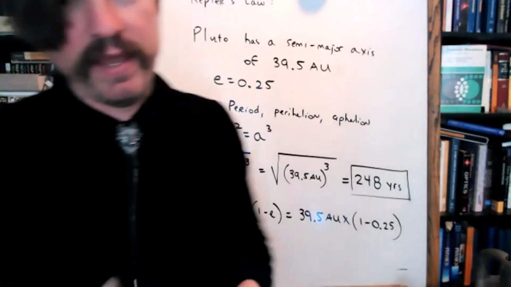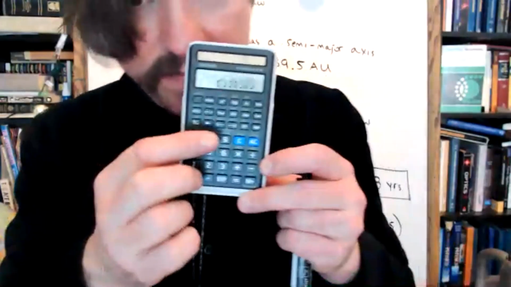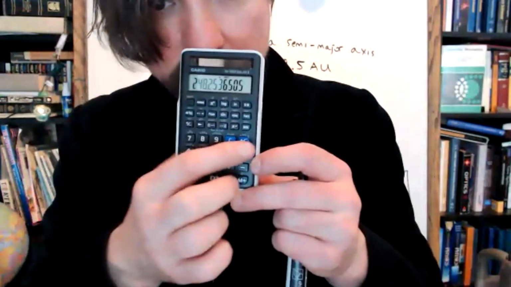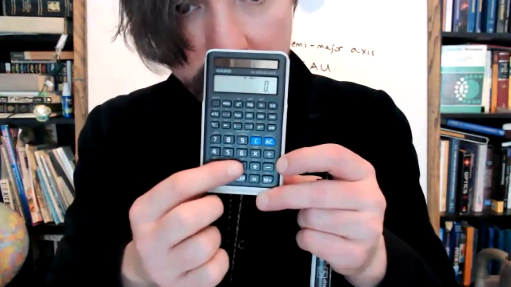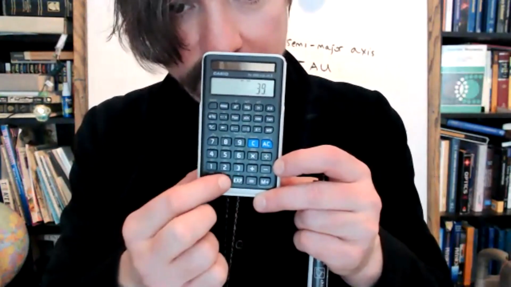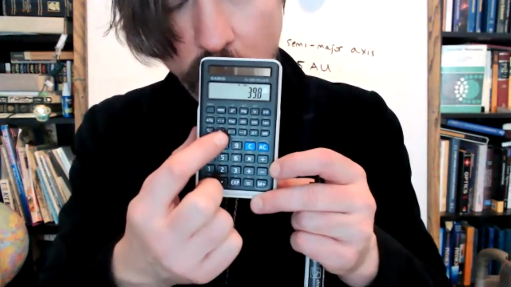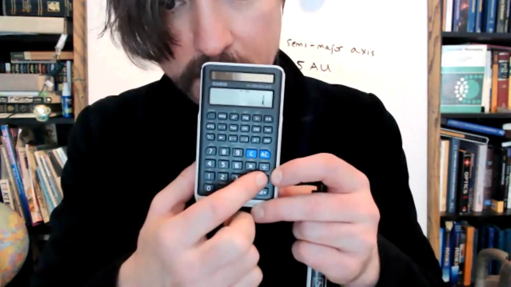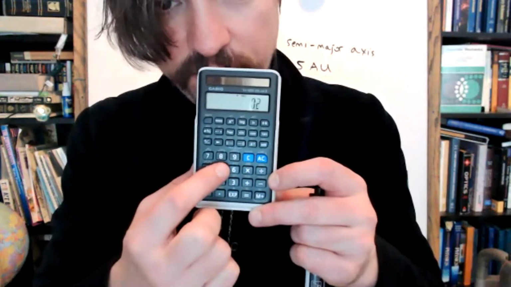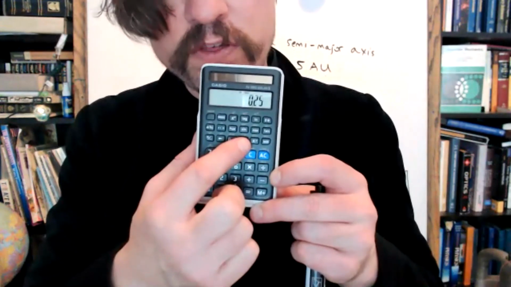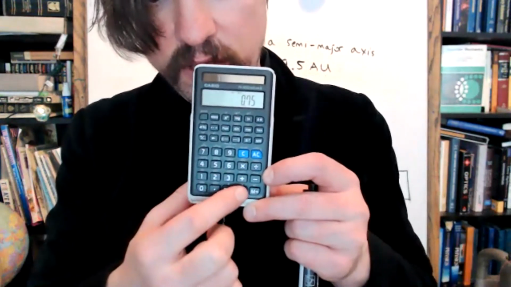Okay, punch along with me. I want you to just do it the same way I do it. Clear it out. 39.5 times open parentheses 1 minus 0.25 close parentheses equals.